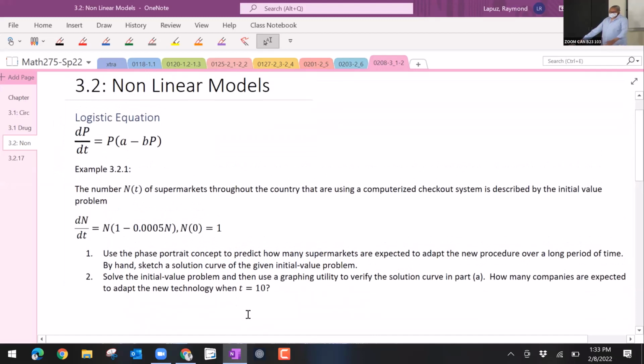All right, so a nonlinear model, this equation here apparently is not linear. Can somebody tell me why it's not linear? Because p is to the second power. If you distribute that, you'll have p to the second power, so it's no longer linear. Good. So this is an example of something that's not linear, but if you work it out, it's almost linear, except you'll have a p squared, which means you can probably use Bernoulli's to solve for it, or there's no t's around.